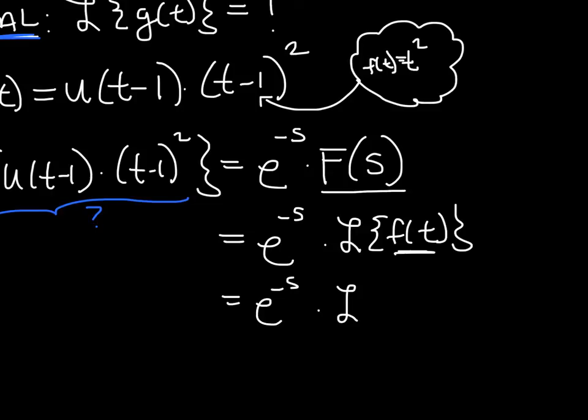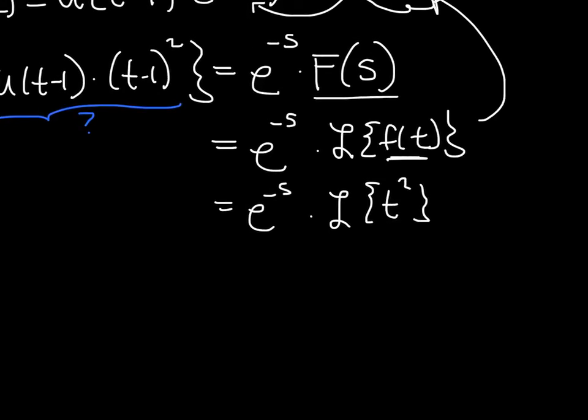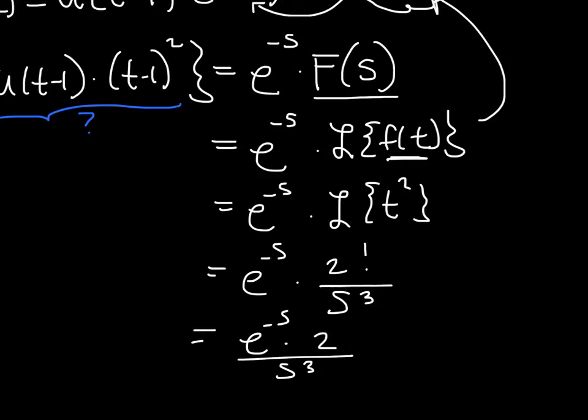Well, f of t is t squared, and then here we're going to use our Laplace transform. So what's the Laplace transform of t squared? Well, n is 2, so that's 2 factorial over s to the n plus 1, so that's s cubed, which is just 2 over s cubed.